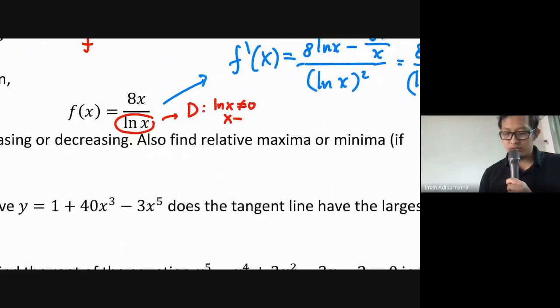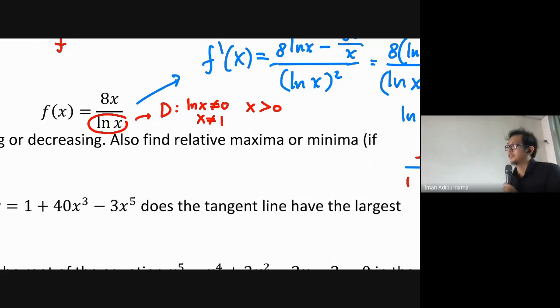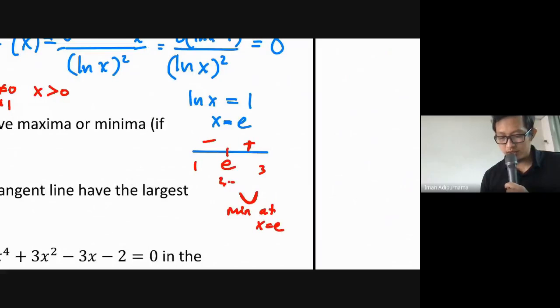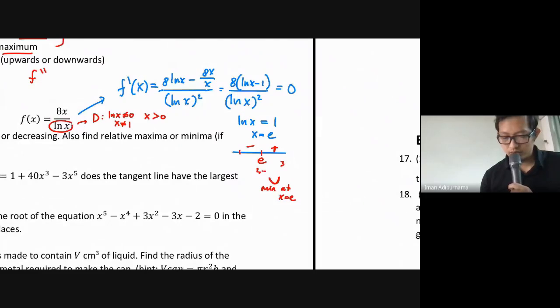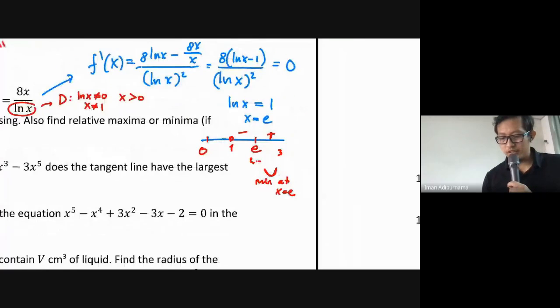So x cannot be 1, but x should be greater than 0, right? So actually, you need to include this point, 1 and 0, and it should be an open hole. And it should be negative.